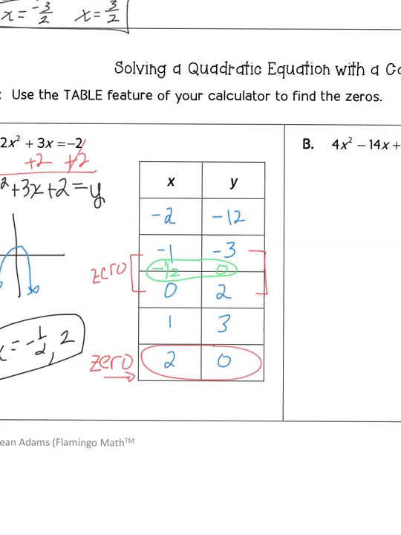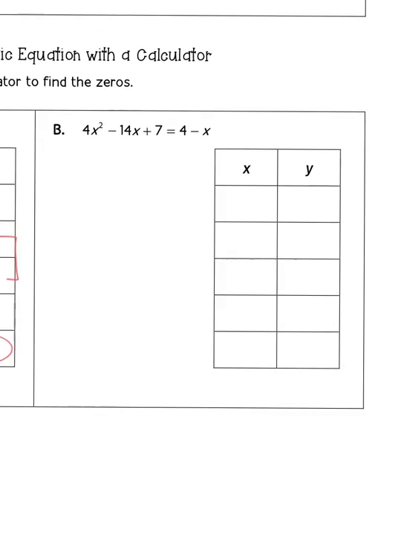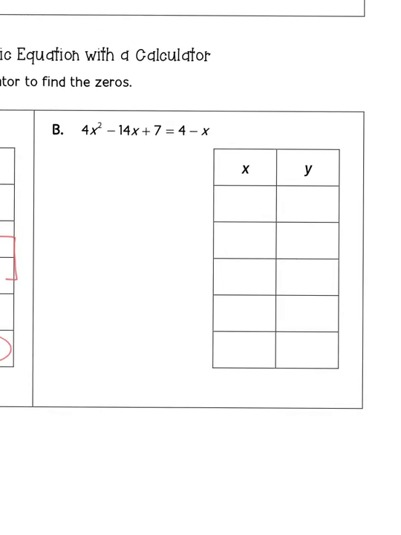So then you try that with B. So B has a little bit more work to do to get it into the calculator. So you're going to have to move the 4 and the -x over to here, and then you can put that value in the calculator and do some guessing and checking. Okay, so for this problem, we're going to have to move everything over to the left.